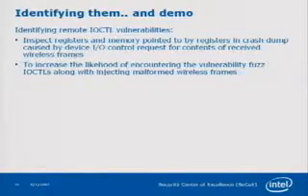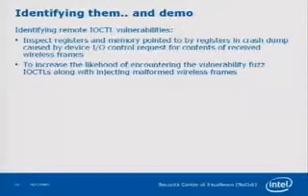So how to identify them? First of all, to identify the I/O control vulnerabilities that are remote, we need to inspect registers and memory pointed to by these registers in the crash dump caused by the device I/O control request for contents of received wireless frames. How to do it automatically? I don't know.